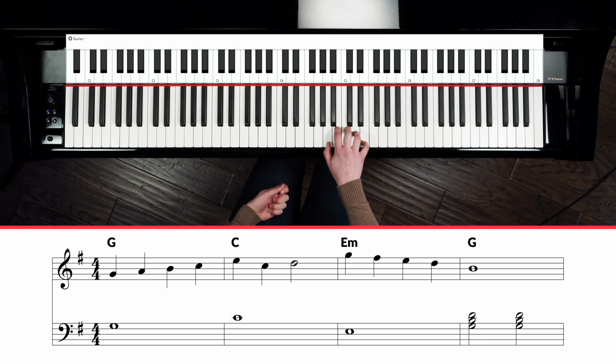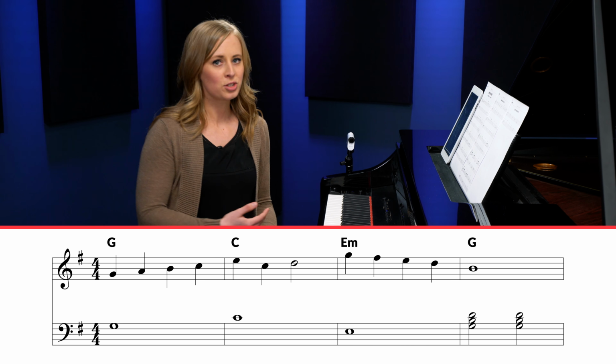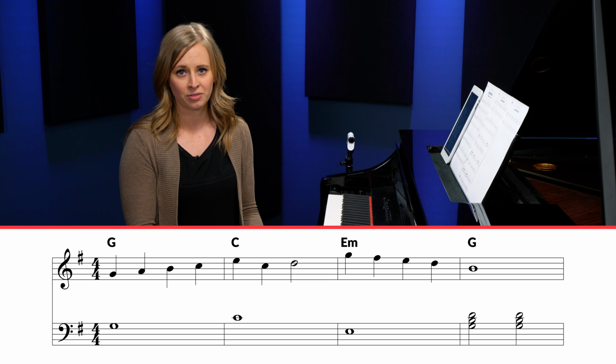The next note, we're going to reach up a little bit to the note just above the top line. So we have a G, and remember our F sharp, to here.